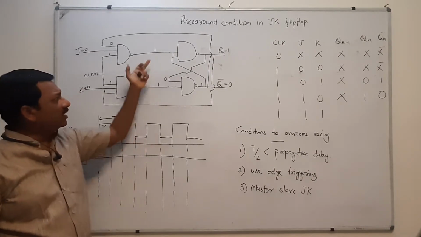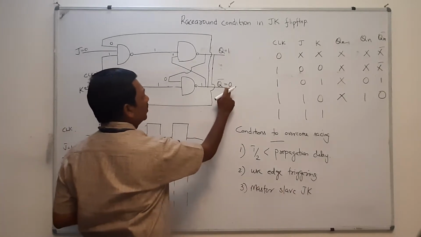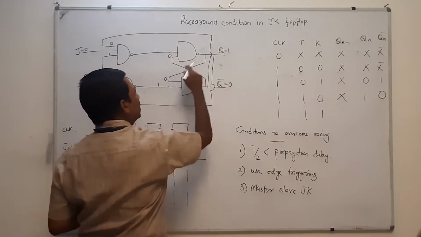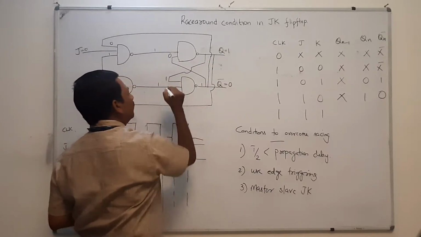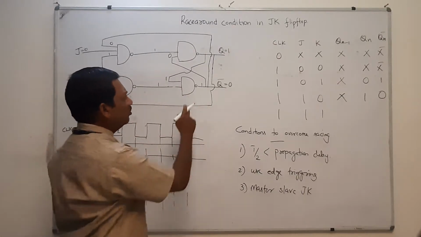This is definitely 1 and 1. As you know, this is already 0 here and this is already 1 here. 1 into 1 is 1, and if you take the negation, that will be 0.